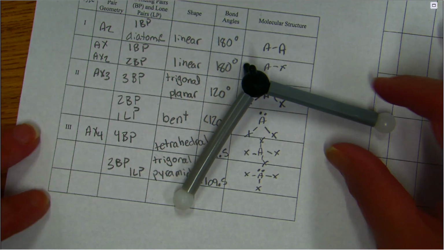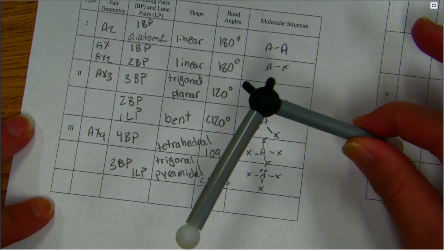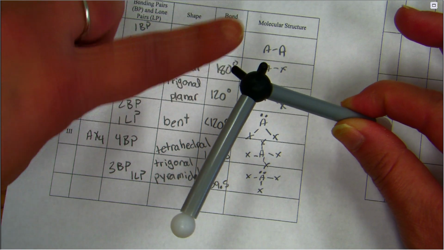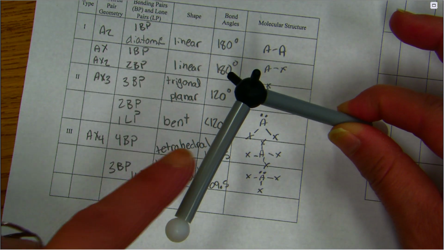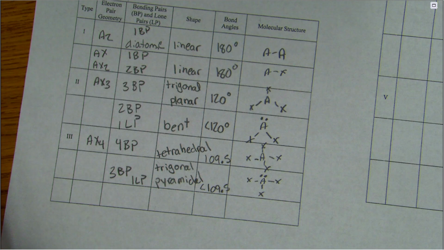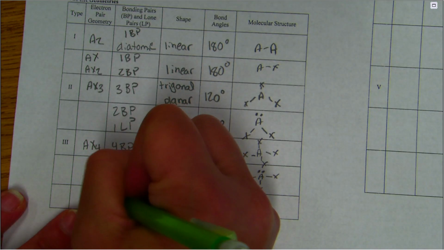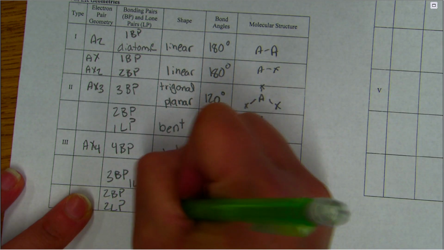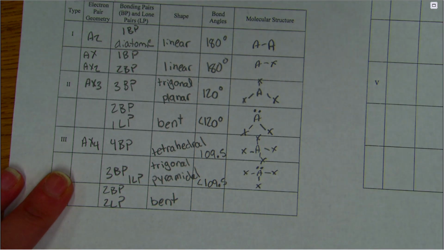What if I remove another bonding pair? So now I have 2 lone pairs and 2 bonds, which we call bonding pairs. 2 lone pairs and 2 bonding pairs. This shape is also bent.